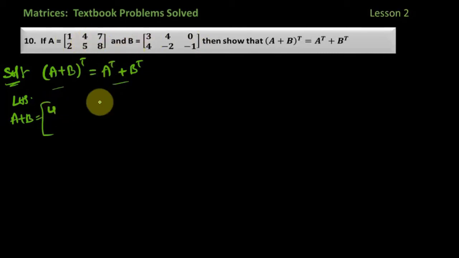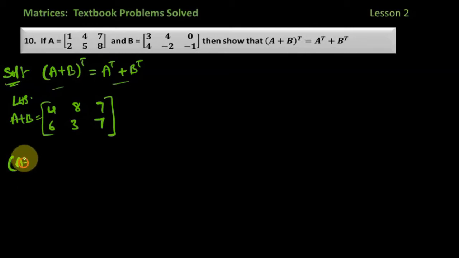Similarly, 4 plus 4 is 8. Similarly, 7 plus 0 is 7. Next, 2 plus 4 is 6. 5 minus 2 is 3. Similarly, 8 minus 1 is 7. So this is the value of A plus B. Now what should I find? The transpose of this value. Right?